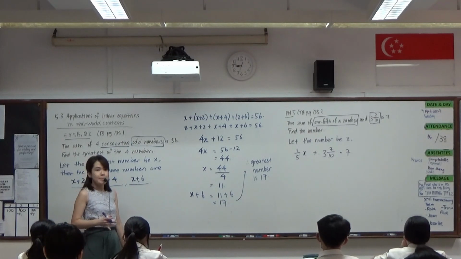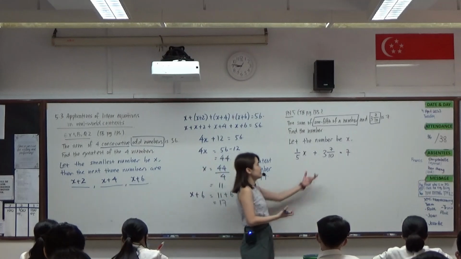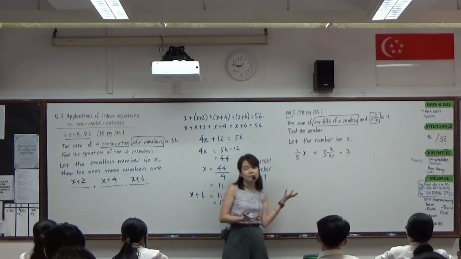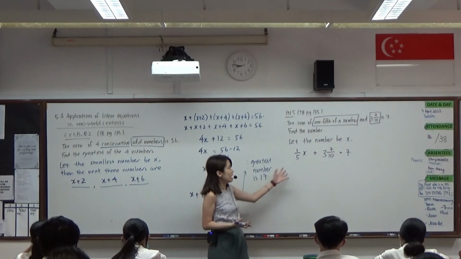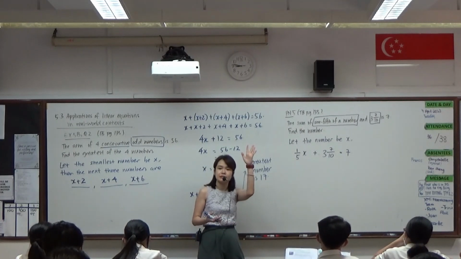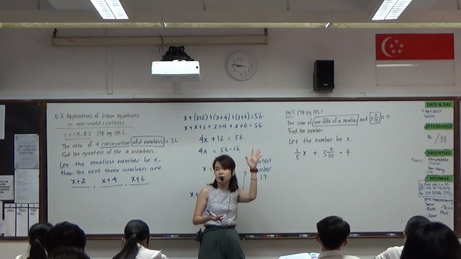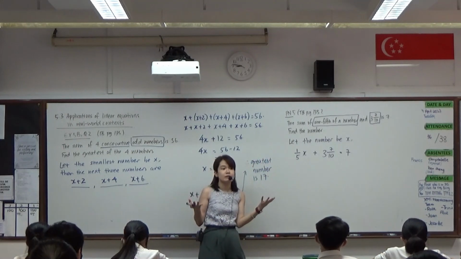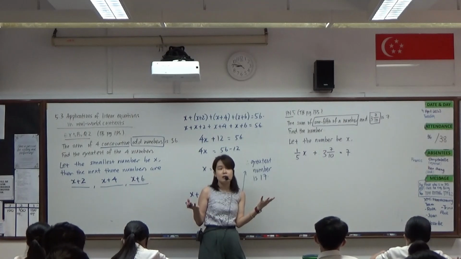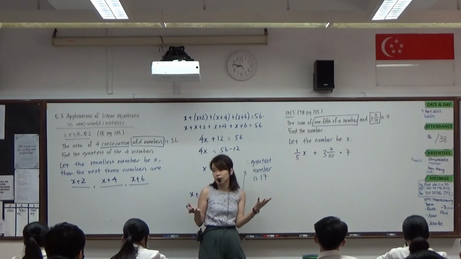Questions? Then we go about solving. Do I need to make my denominators the same before we solve? How many of you say that our denominators must be the same first? Some of you say yes, but I will say it's not necessary, because we have calculators already.